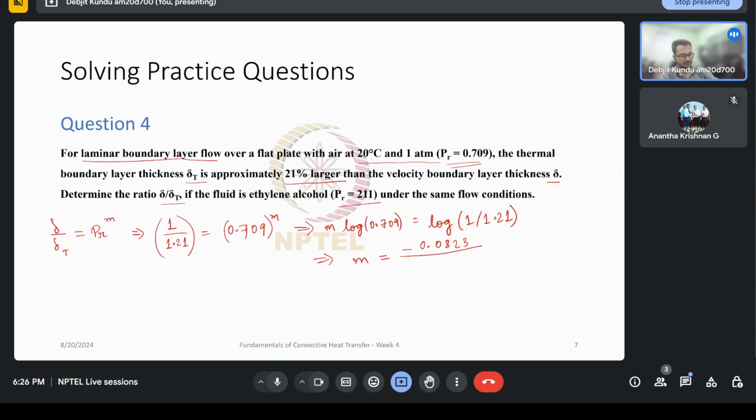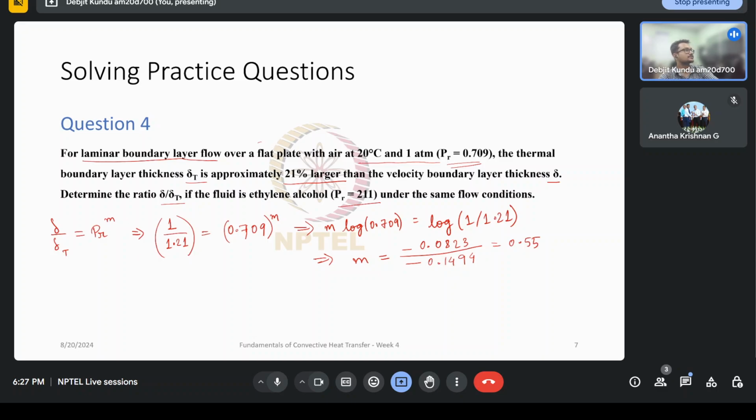And the log of 0.709 is minus 0.1494. Okay, so now 0.0823 divided by 0.1494. Okay, you are telling the final value of m. Yeah, that's correct. 0.55 is the value of m.